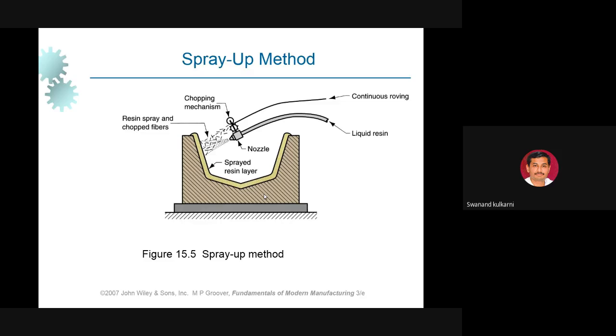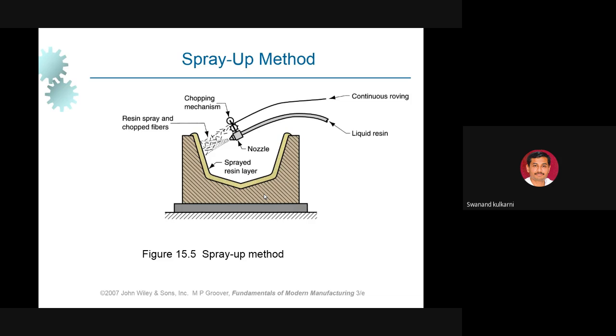Earlier we have seen that in hand layup technique, the alternate layers of the matrix and reinforcement were kept in order to form the fiber reinforced plastic, on which a roller was used to remove the air which is impregnated inside the matrix and reinforcements. Is it okay?